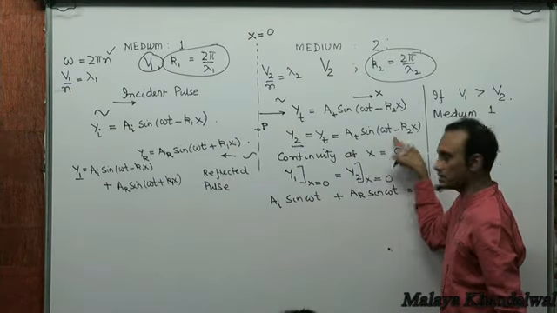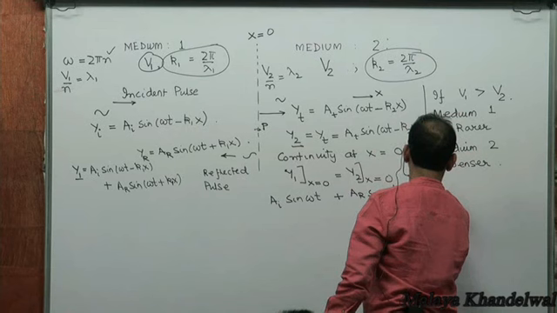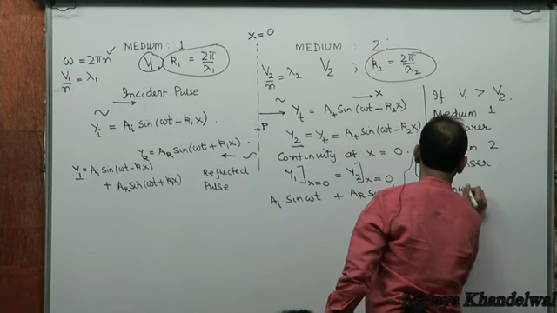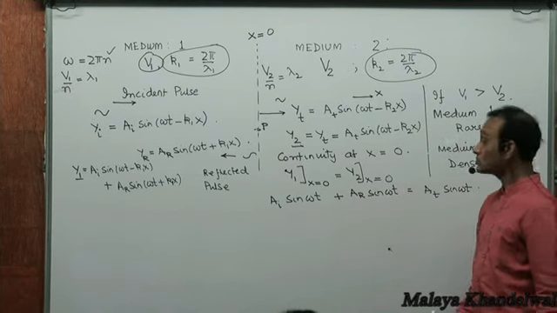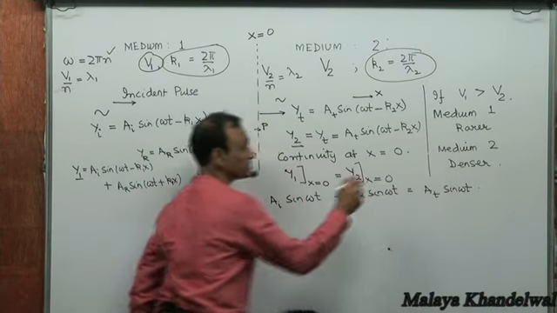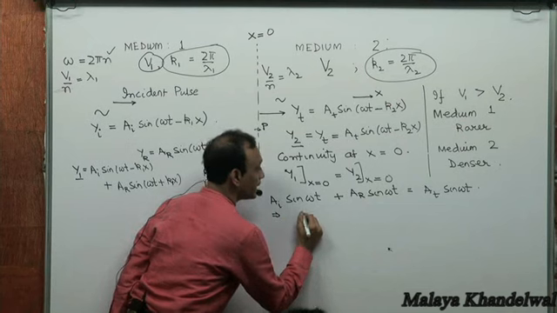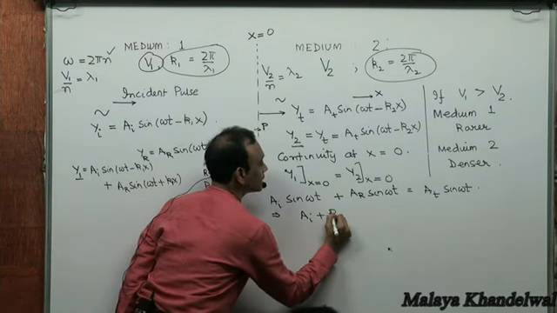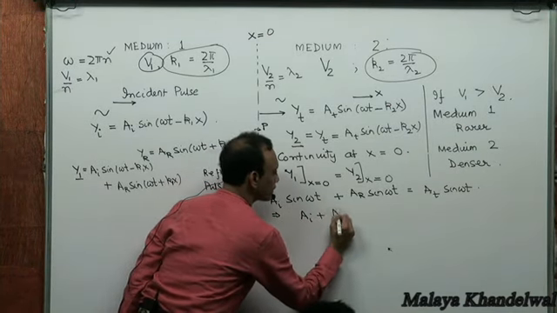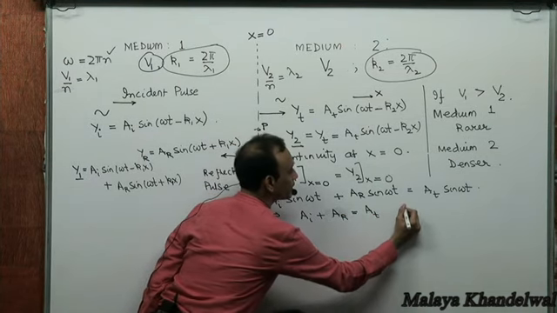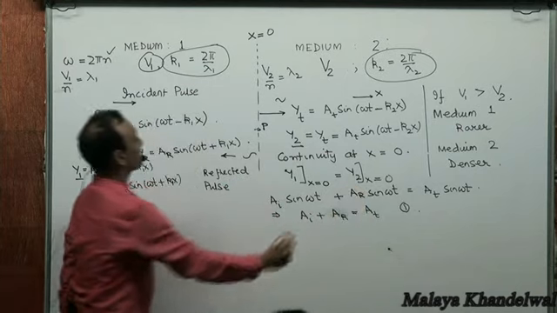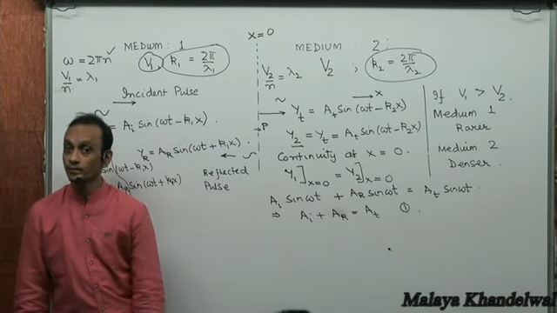At sine omega t. Yes or no? So which means I can cancel sine omega t from both sides and I end up getting ai plus ar as at.